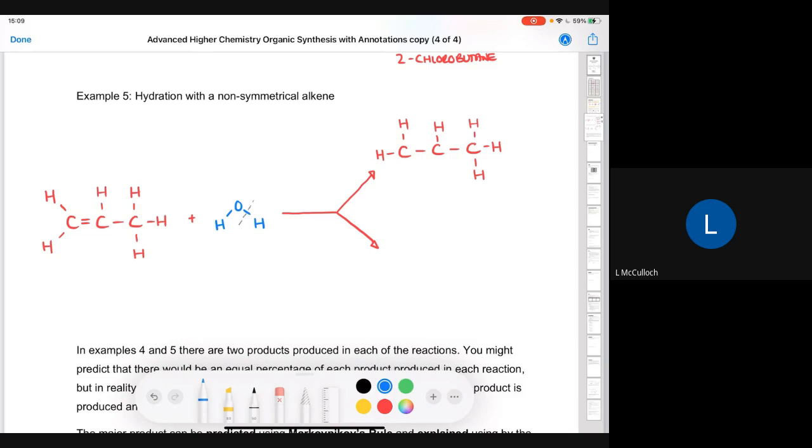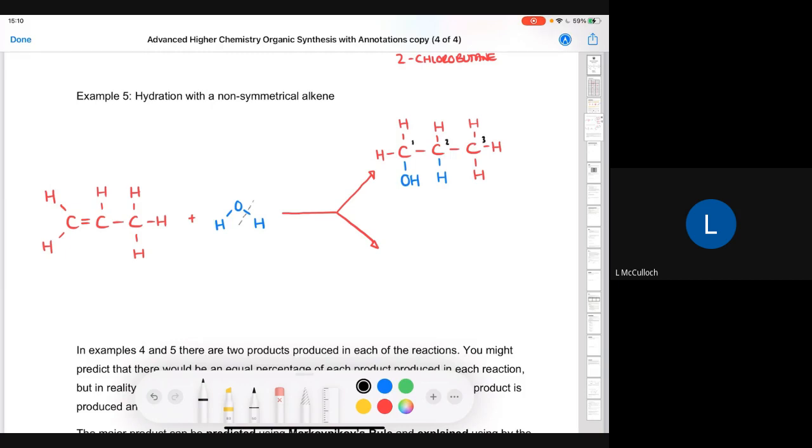And then we are going to pop our hydrogen and our OH group onto the carbons where the double bond was. So I'm going to pop the OH group on that first carbon and the hydrogen on the second carbon. Now, when we have an OH group, that's a hydroxyl group, and that tells us that the molecule is an alcohol. We would always start by numbering the carbon atoms in the longest chain from the side closest to that hydroxyl group.